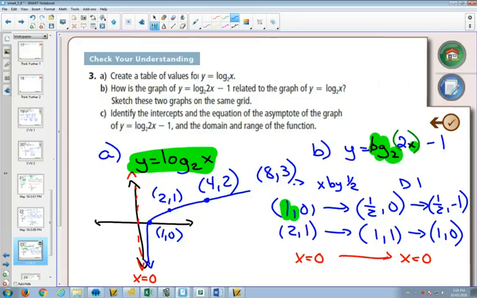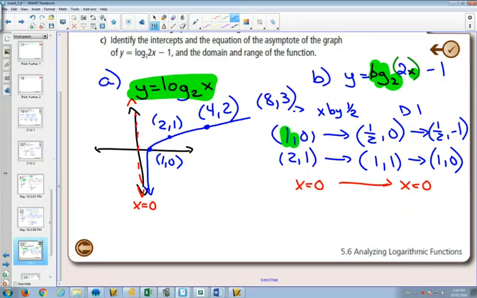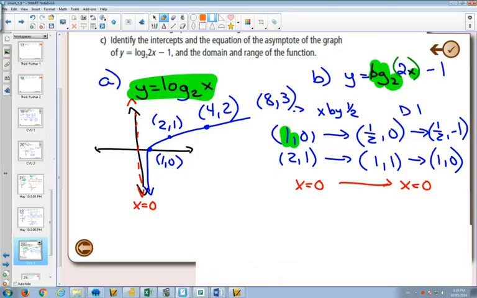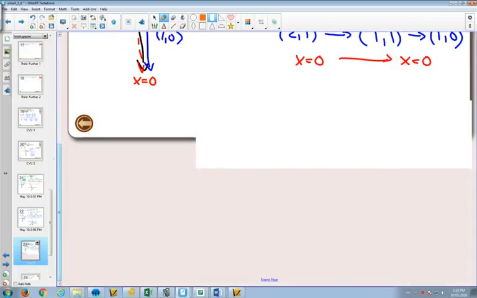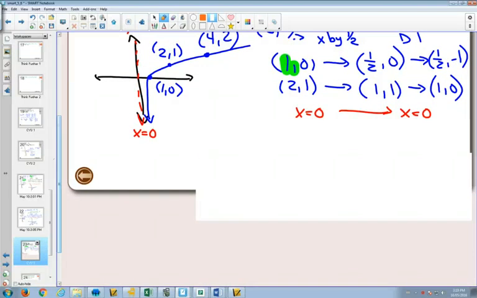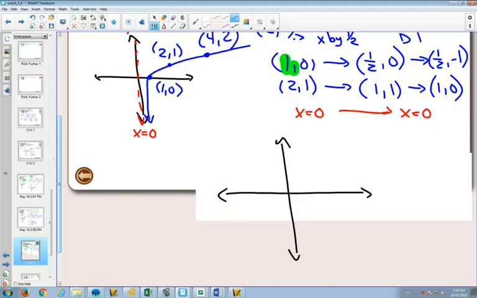And now if we go to graph that, we still have our asymptote here at x equals 0.